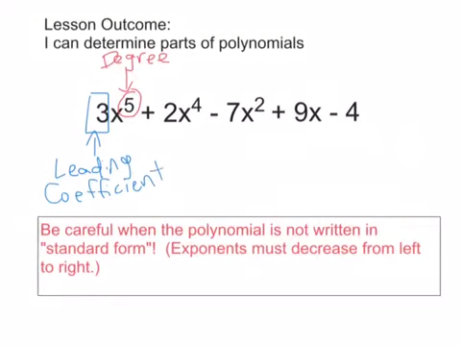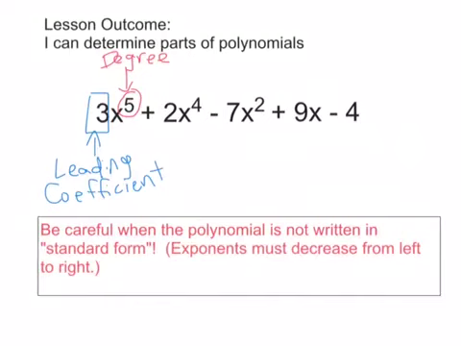Leading because it's the front, and a coefficient is always the number in front of a variable. It's going to be an important thing that we discuss during different sections of this course. In this case, the leading coefficient is 3, and like I said before, the degree is 5.